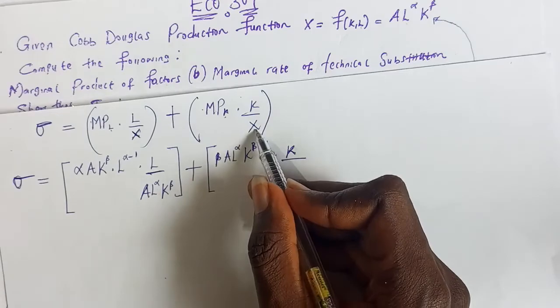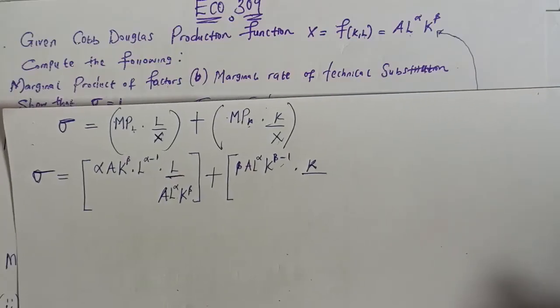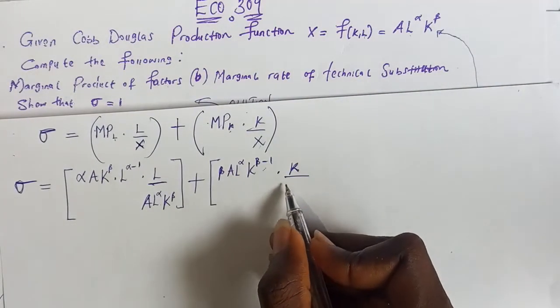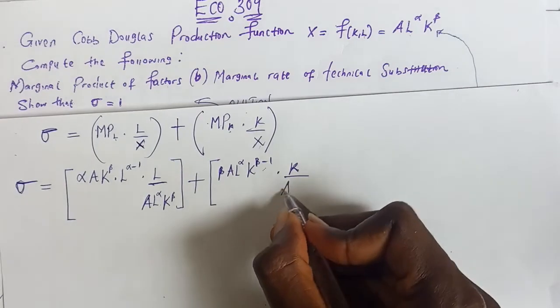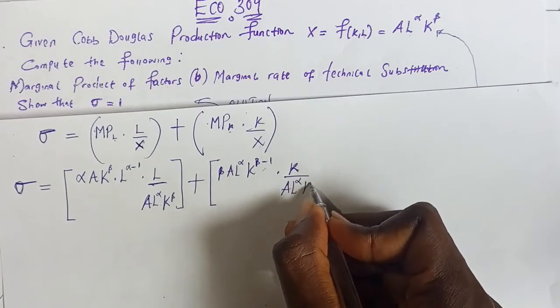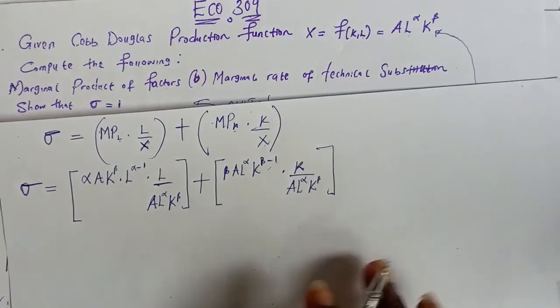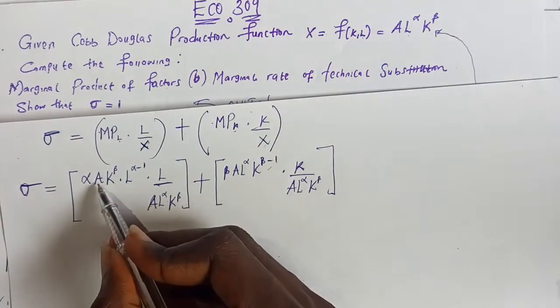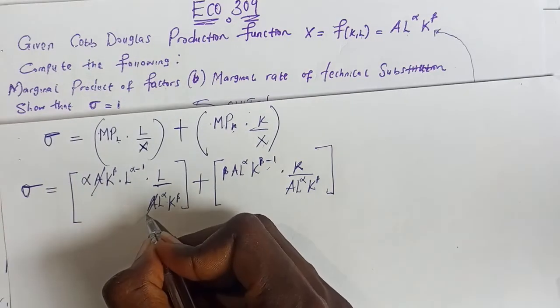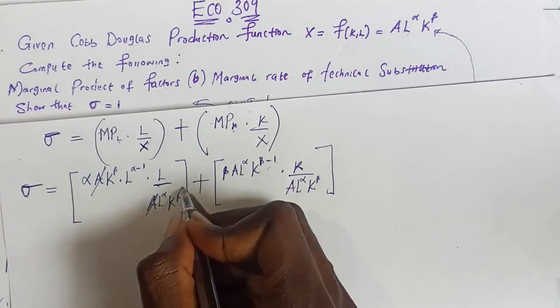And the production function is A L alpha K to the power of beta.